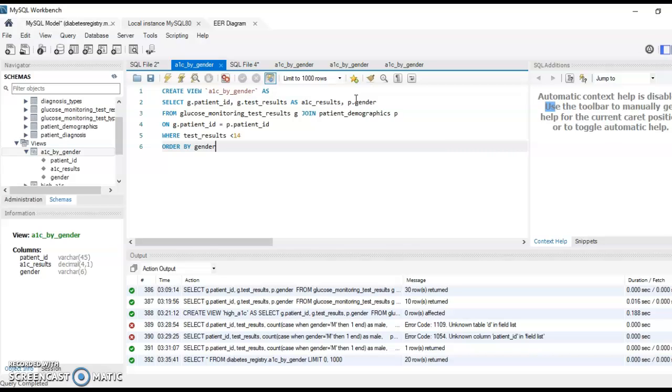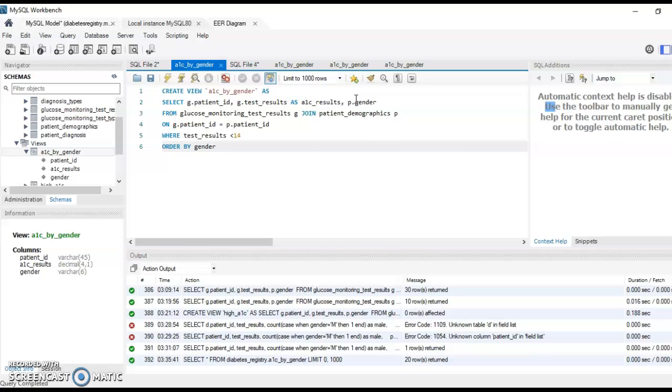So I did alias G patient ID, then test results, and I gave it an alias of A1C results, and then the gender column, and then from glucose monitoring test results.